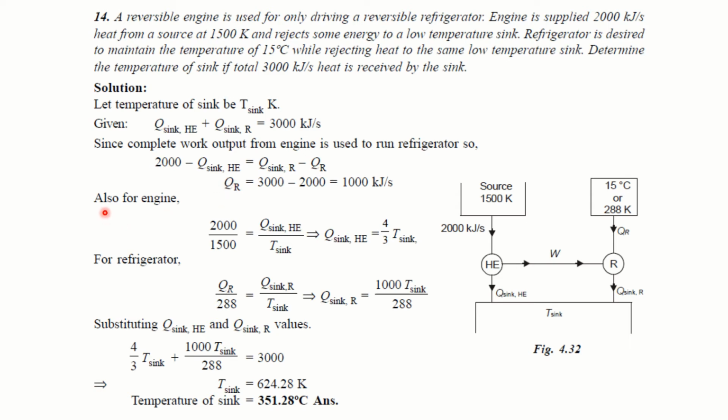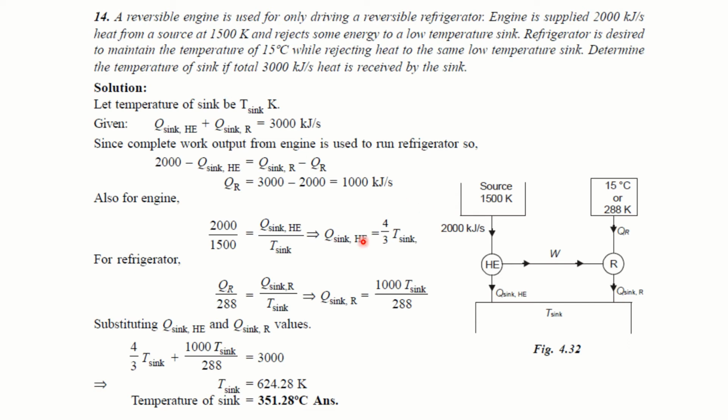As I mentioned, for engine, heat supplied divided by heat rejected, correct. Instead of that, you can write Q1 by T1. That is what exactly I have written. 2000 divided by 1500 plus Q sink by T sink.